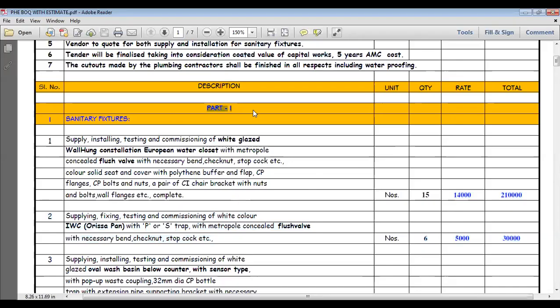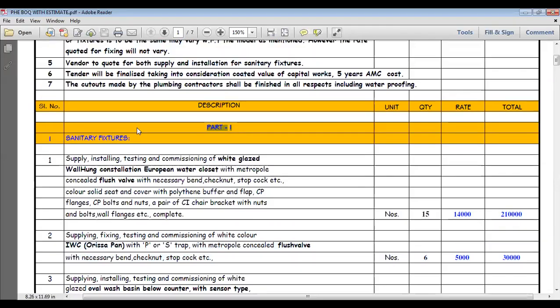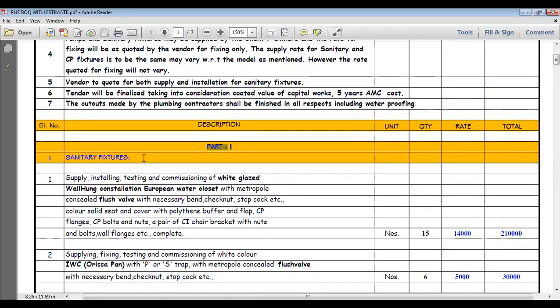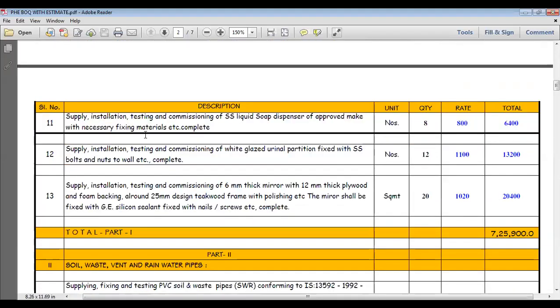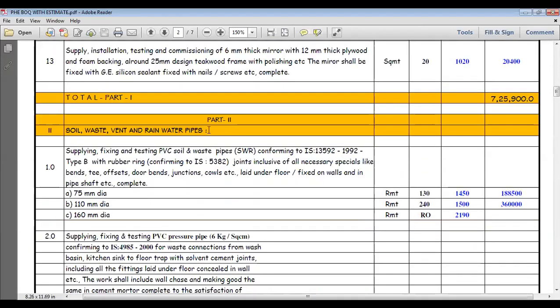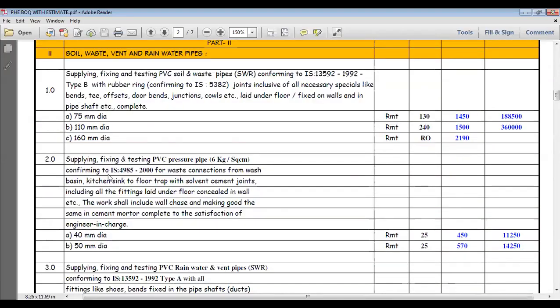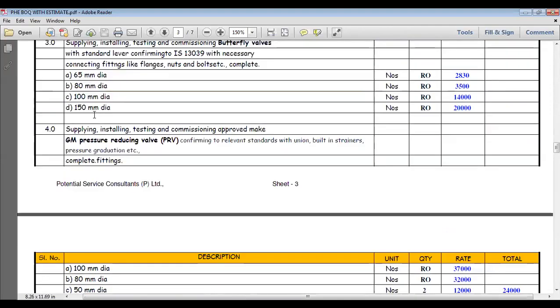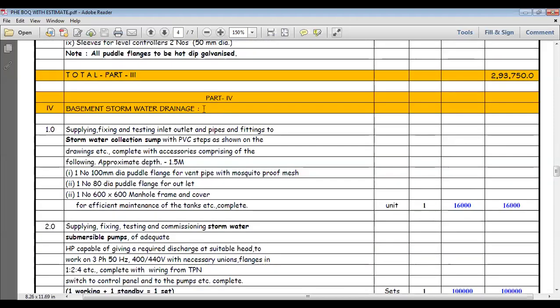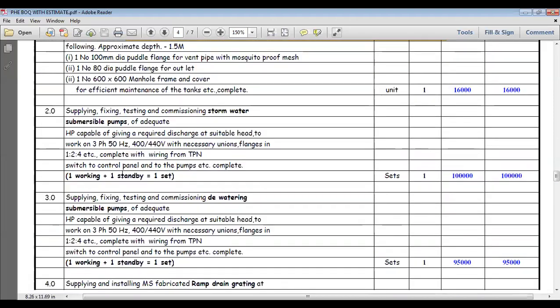Sanitary fixtures we have kept separate. In part 2, soil waste vent, drain waste water, and rainwater pipes we have separated. Internal and external water supply systems we have separated. The storm water drain is also separated. Everything is in separate parts here.